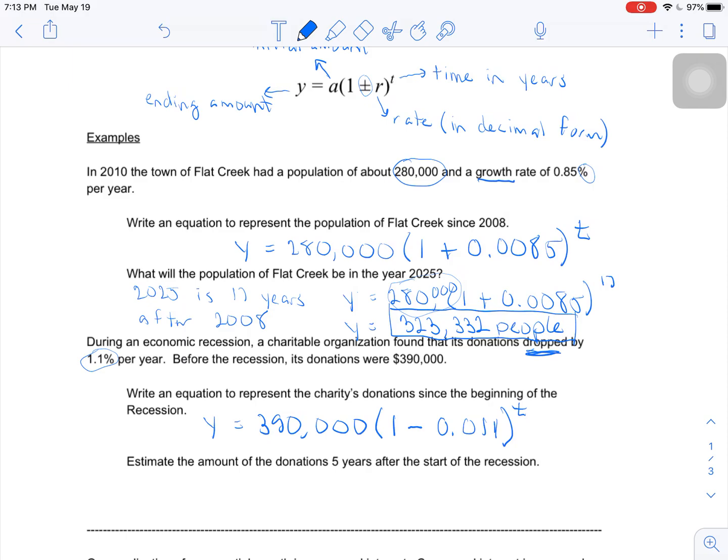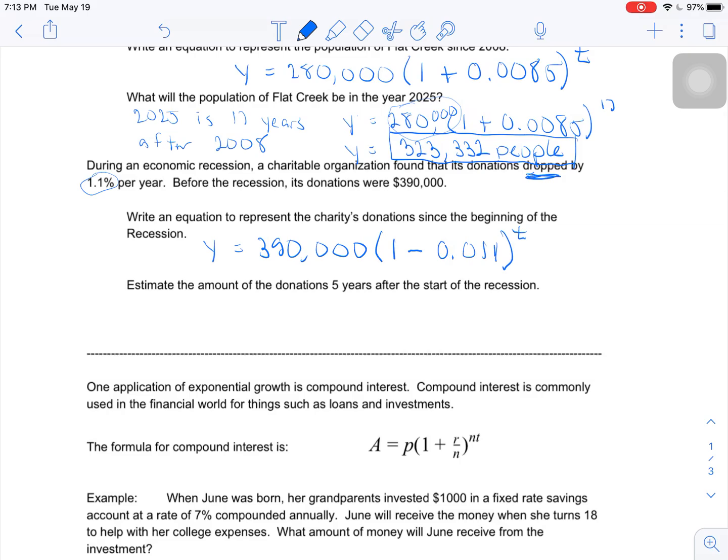So if we wanted to find where it's going to be after 5 years of decreasing donations, then we can drop a 5 into our equation and we can do 390,000 times 1 minus 0.011 to the power of 5. And again, this is where it is fully okay to use your calculator to help you once you've figured out the equation.